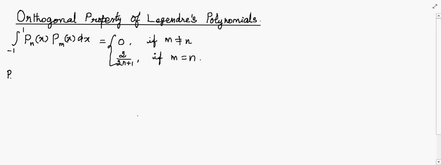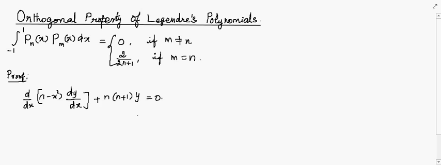For the proof, we will consider the Legendre equation of the following form, that is d/dx of (1 - x²) dy/dx plus n(n+1)y equal to 0.